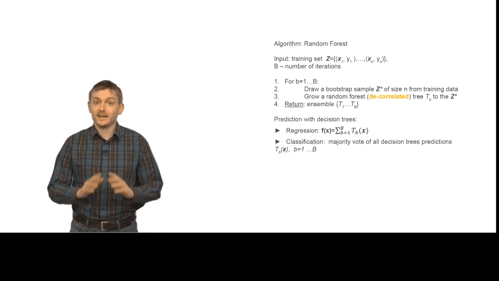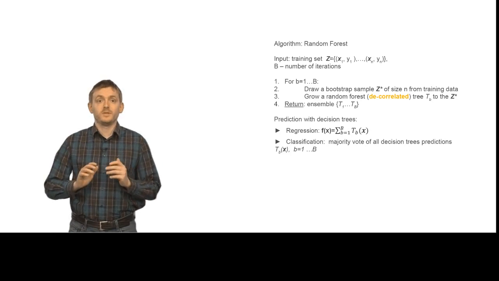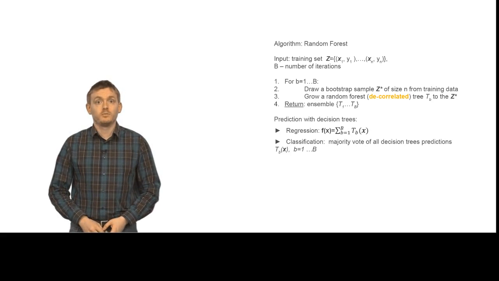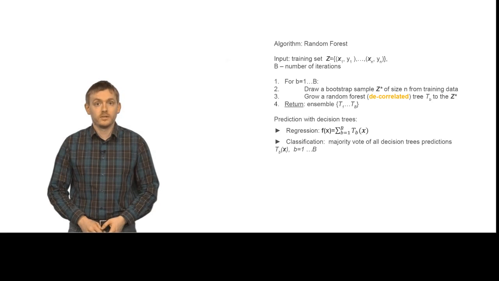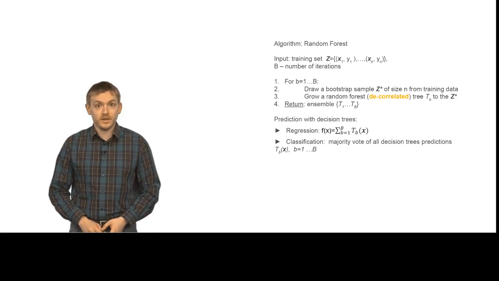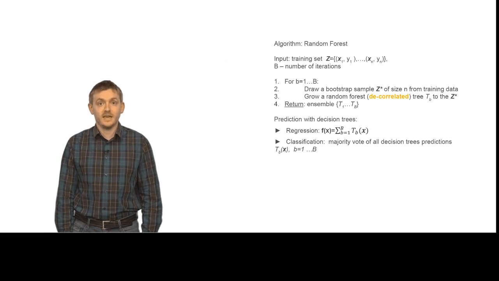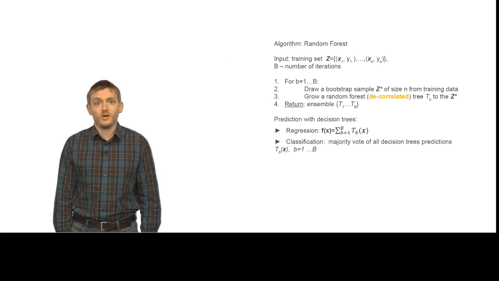Prediction is done exactly the same way as we described before in case of bagging: for regression the algorithm returns an average of all predictions of decision trees, and in case of classification, it returns a majority vote of all single tree predictions.